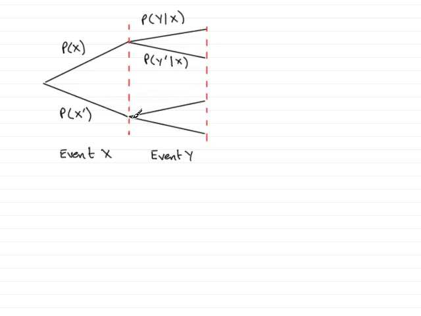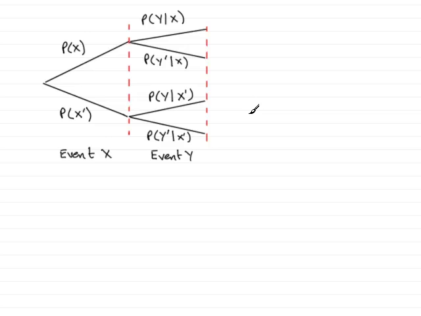And if we come down here, X hasn't happened, but we might have Y happening. So the probability that Y happens given that X didn't happen. And finally, we've got the probability that Y doesn't happen given that X didn't happen. And so we've got all the possibilities in this particular scenario outlined in this tree diagram.